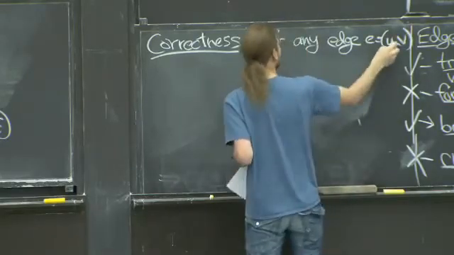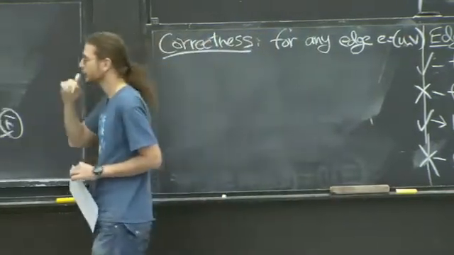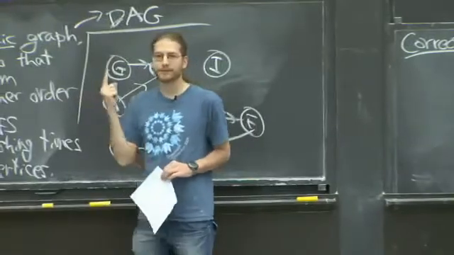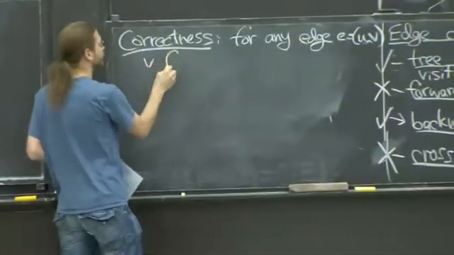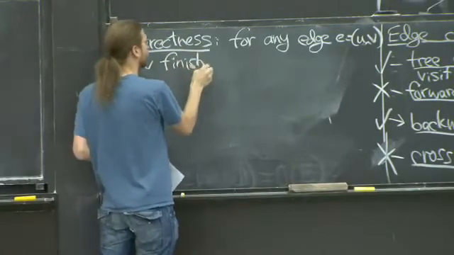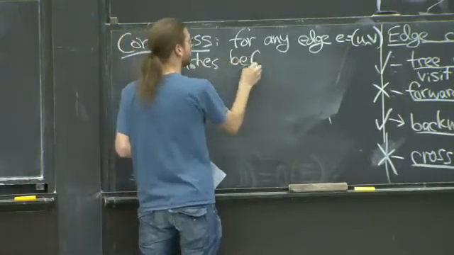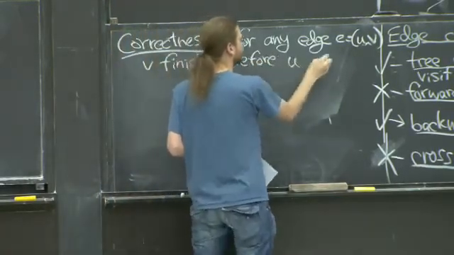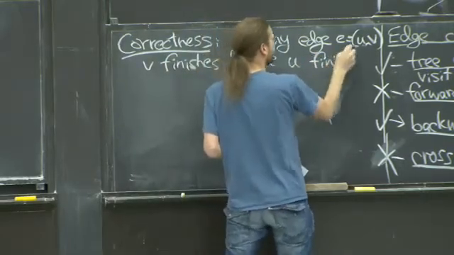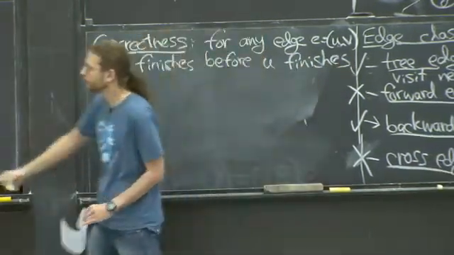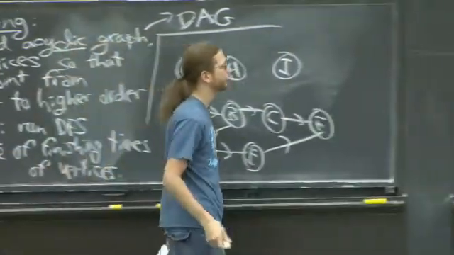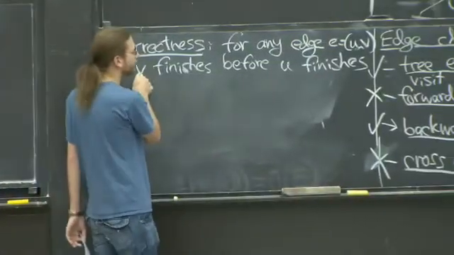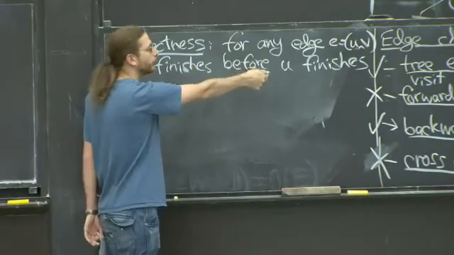So what that means is for an edge uv, we want to show that v finishes before u. That's the reverse, because what we're taking is the reverse of the finishing order. OK, so edge uv, we want to make sure v finishes first so that u will be ordered first.